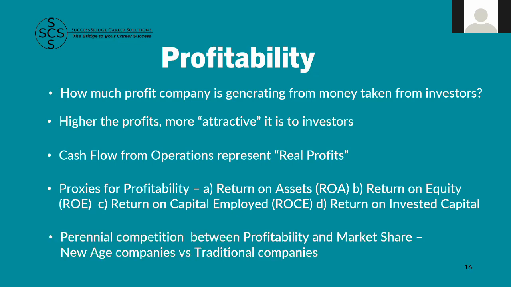There is a perennial competition between profitability and market share, especially for young companies or startups. Their focus in their formative years is growing market share, and that is why you see a lot of these new age companies going into tremendous losses, but at the same time they want to expand. They want to capture as many customer eyeballs or customer orders, and so profitability takes a backseat.